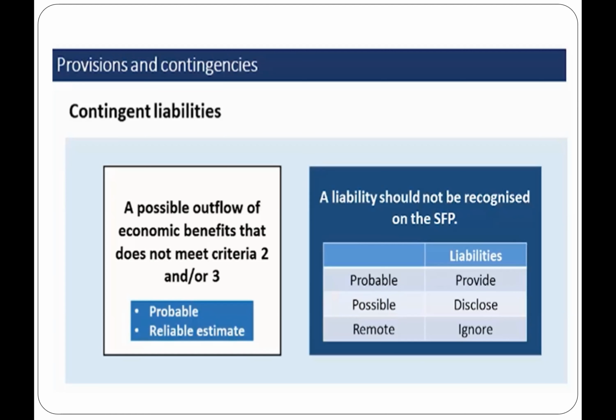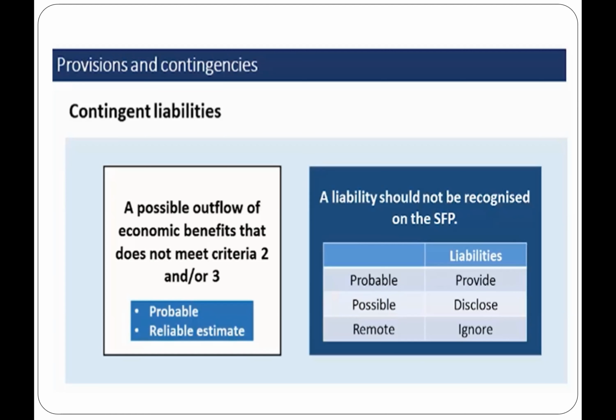But for contingent liabilities, those that do not meet the criteria for provision, you write a note that you put permanence to the financial statements. So you simply disclose the contingent liability.